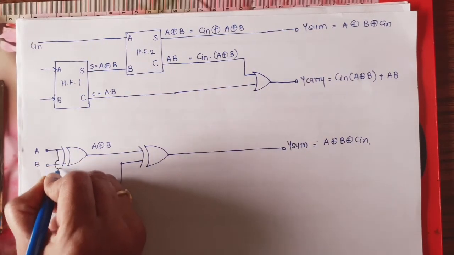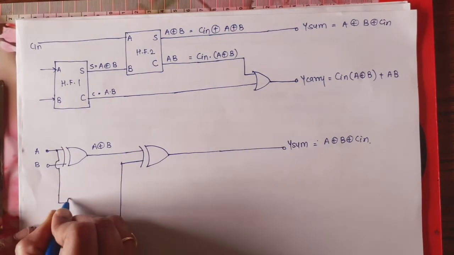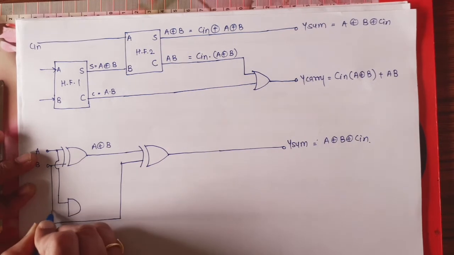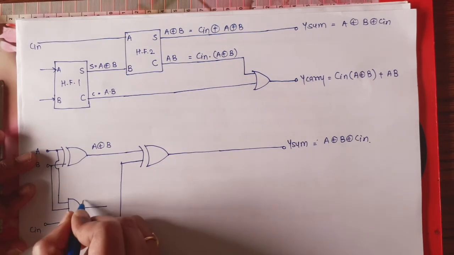These two inputs A and B are ANDed to get the carry output of first half adder.